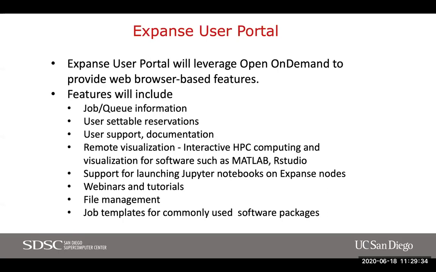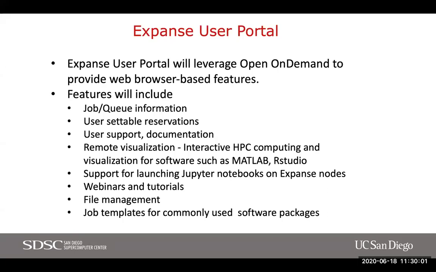Remote visualization, and I know this has been something we often get asked about on Comet, so that's going to come through this and should improve things quite a lot and reduce the work needed to use remote visualization. You don't have to install a bunch of packages on your client machine. You can go through the OOD-based Expanse user portal.